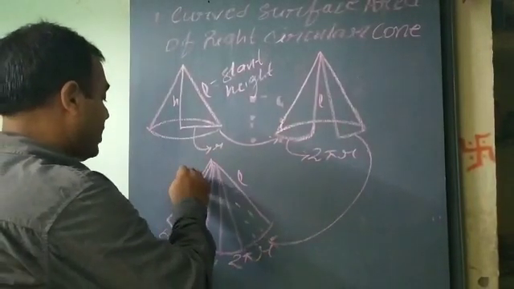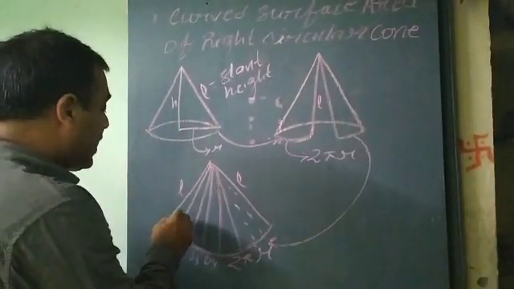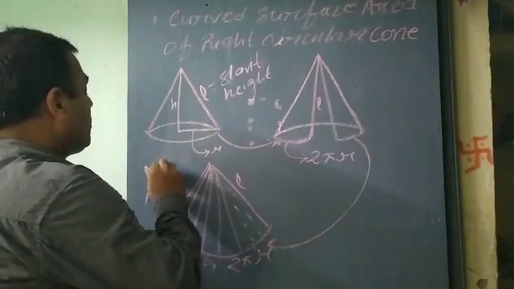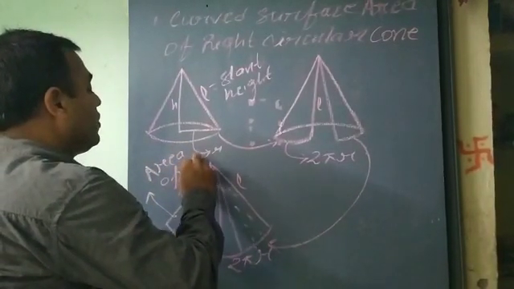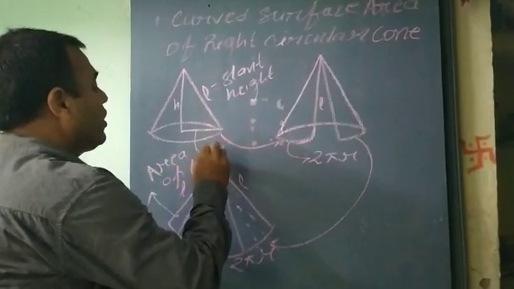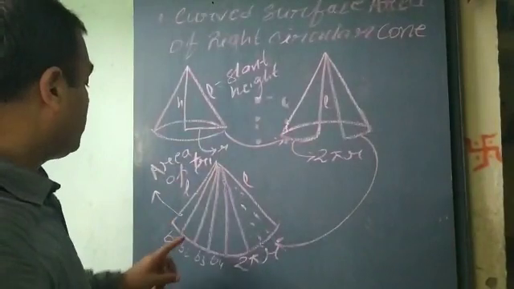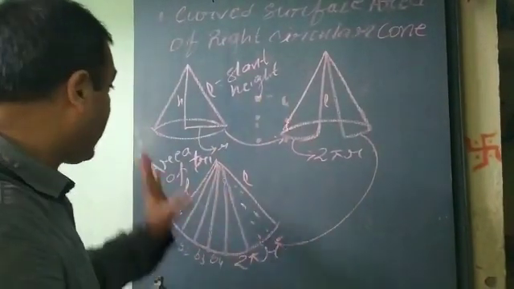And this one is the slant height. Now we will find the area of the triangles, a large number of triangles.